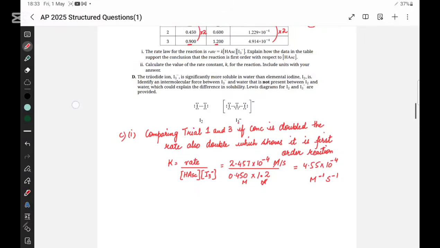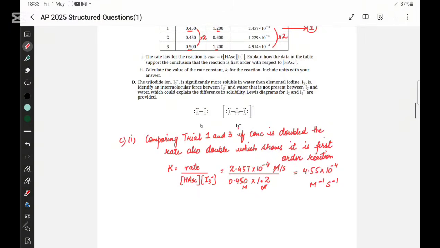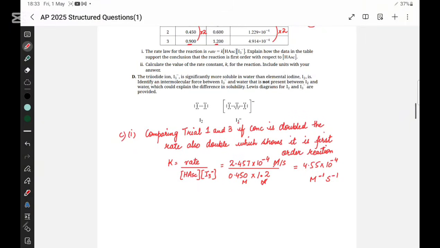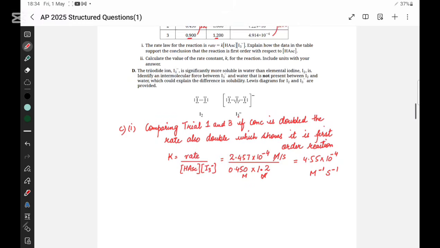They are saying that triiodide ion is significantly more soluble in water than elemental iodine. Identify the intermolecular force present between I3⁻ and water that is not present between I2 and water, which could explain the difference in solubility. Lewis diagrams for I2 and I3⁻ are provided. So I3⁻, when it's dissolved in water, is going to develop ion-dipole force of attraction.